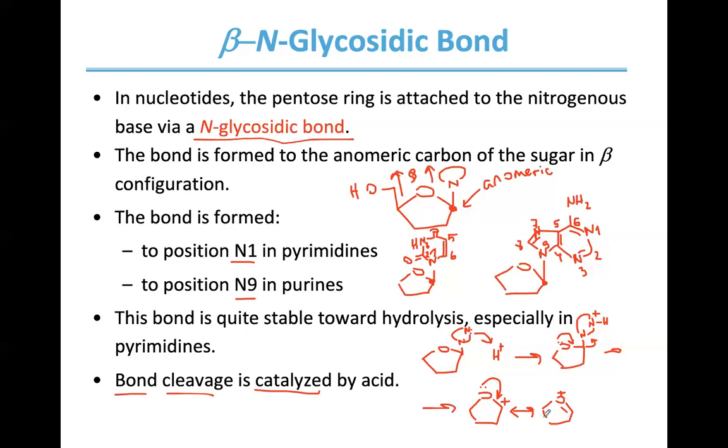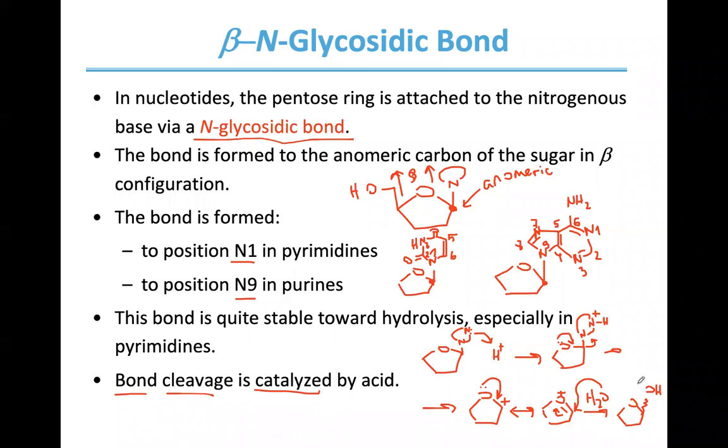That's why it's a stable resonance structure. And then obviously water will come in, attack the anomeric carbon. And then you get, can be alpha or beta, right?